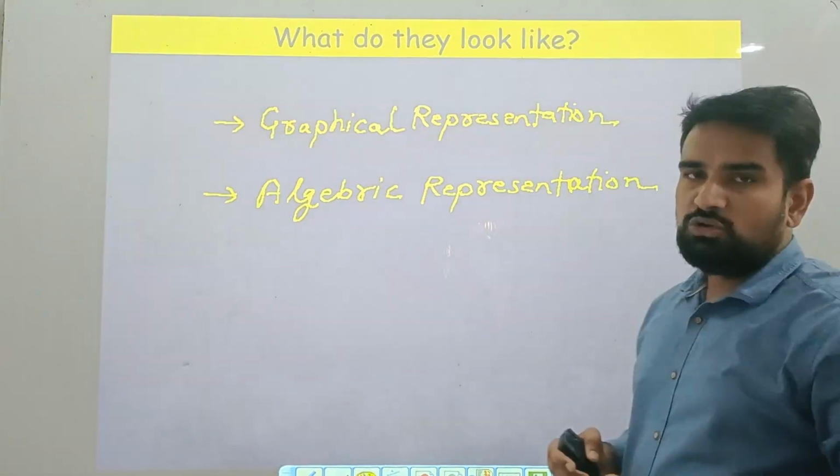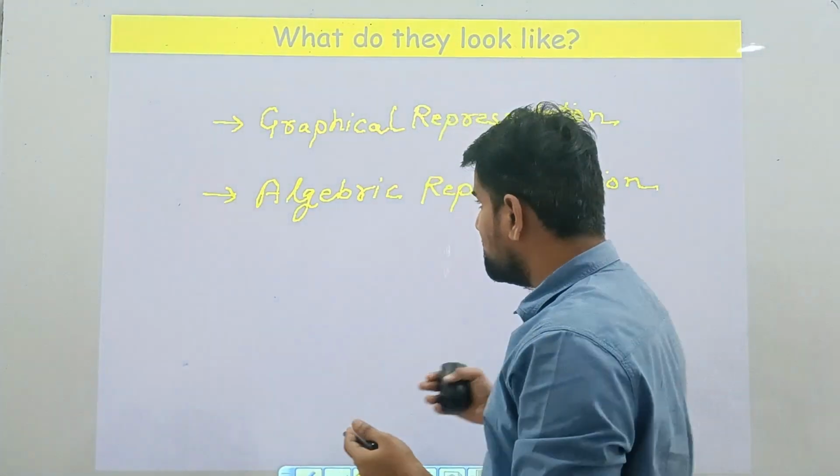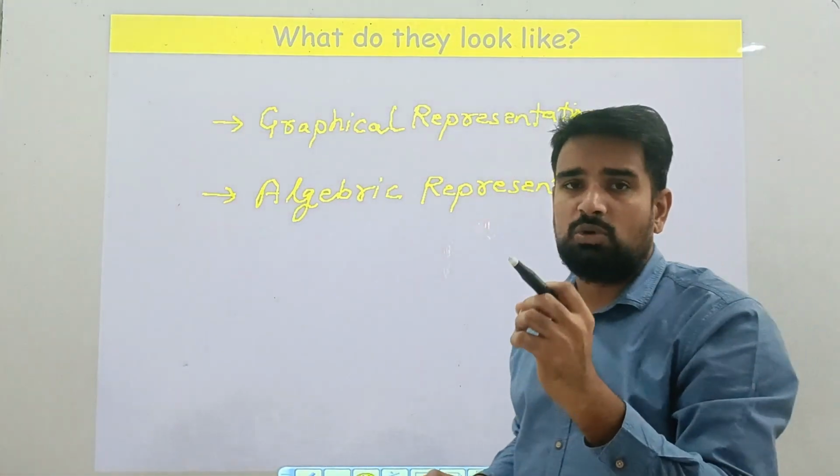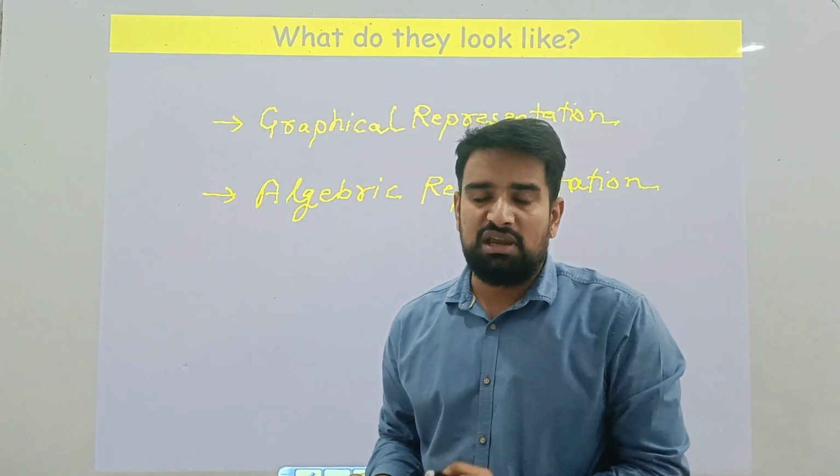So there are two types of representation. The algebraic representation we had already discussed, right? To represent any vector quantity in algebraic format.